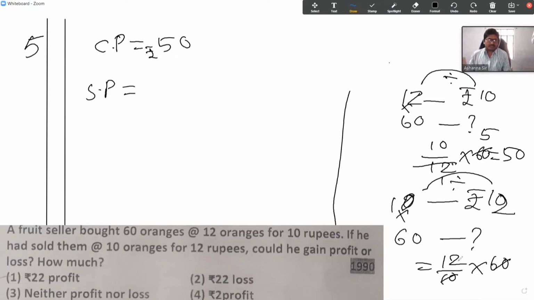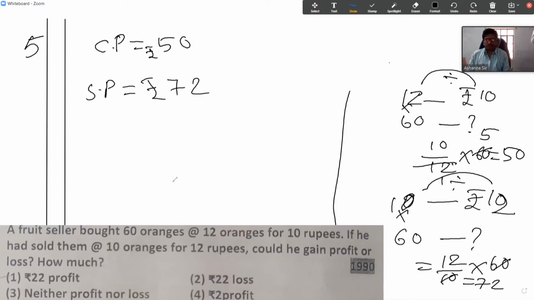Zeros get cancelled. 12 6s are 72 rupees.